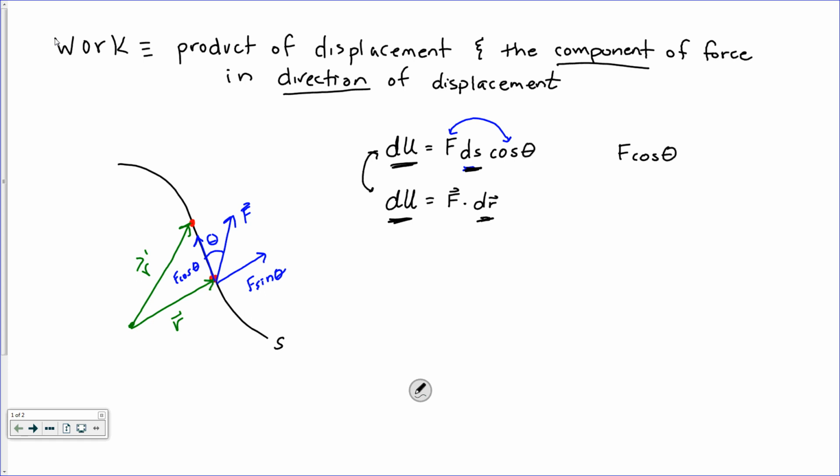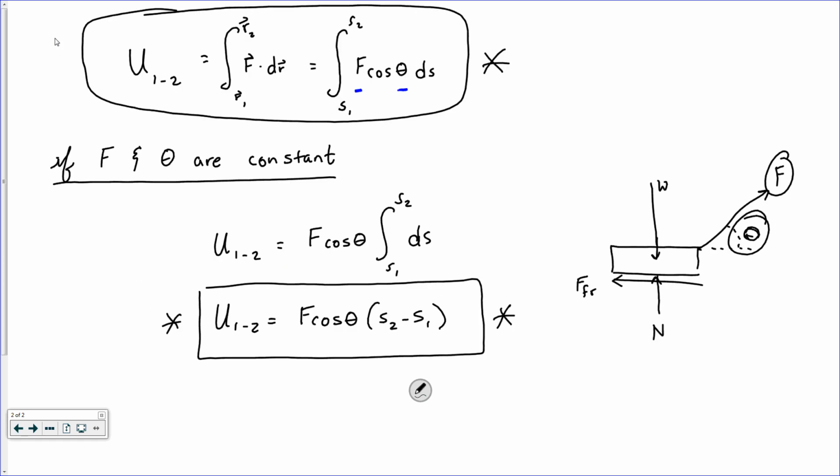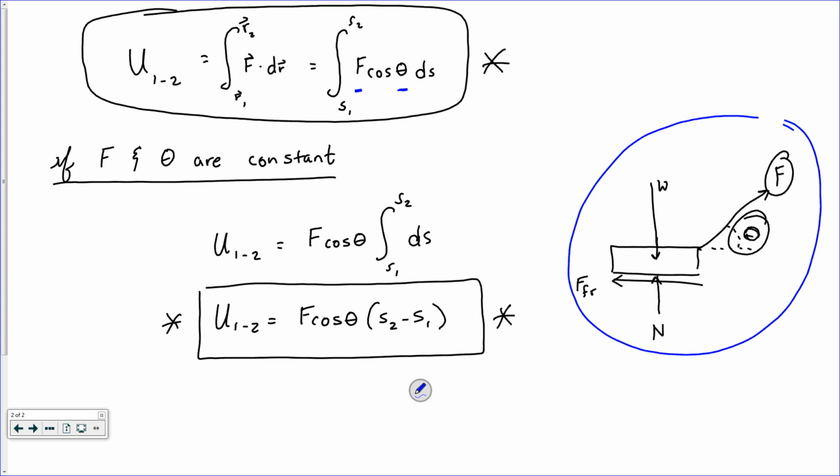Now, this is really important because if we go back to this picture that I have here, as I'm pulling this object, you can imagine that it's going to move to the right. At a later time, it's going to move itself to the right. Well, look, the weight force is pointing down. The normal force is pointing up. These two forces are both perpendicular to the direction of the displacement.